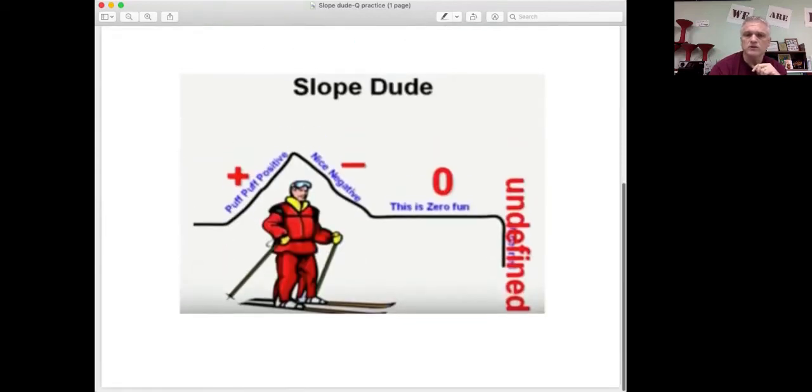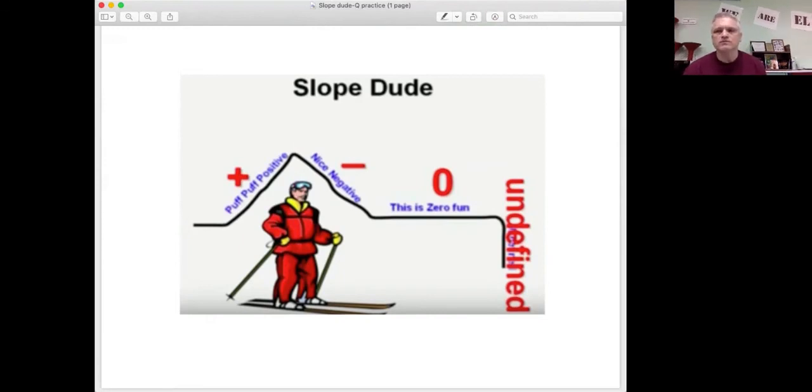Maybe you like to utilize the slope dude. Slope dude is skiing up and down slopes. He's working hard to get up the slope, because remember, we always go left to right. So he's going up the slope, that's why it's puff, puff, positive. And he's going downhill and it's easy and it's nice, negative.